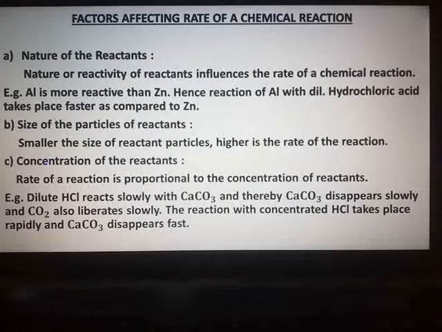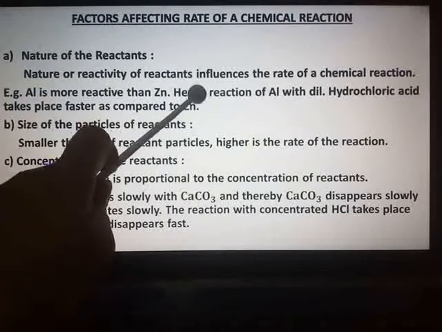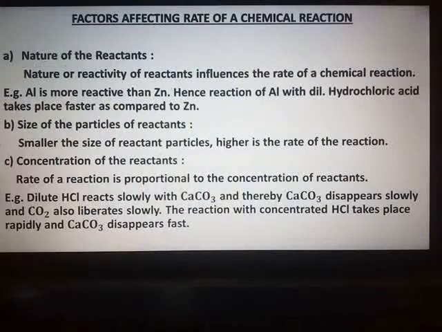But the reaction of aluminium will take place faster as compared to zinc. Why? Because aluminium here is more reactive than zinc, and hence the reaction of aluminium with dilute hydrochloric acid takes place faster as compared to zinc.